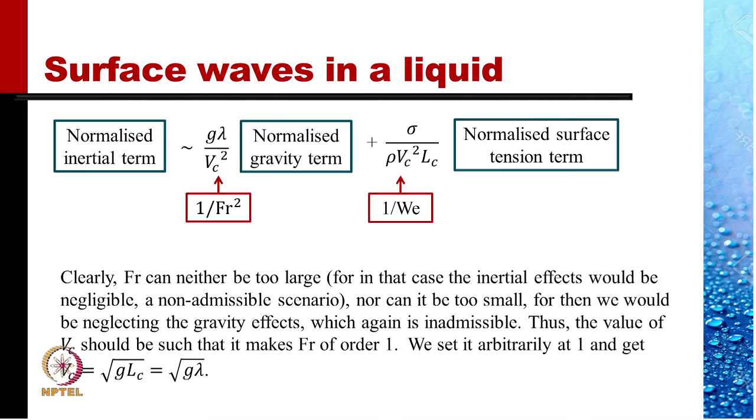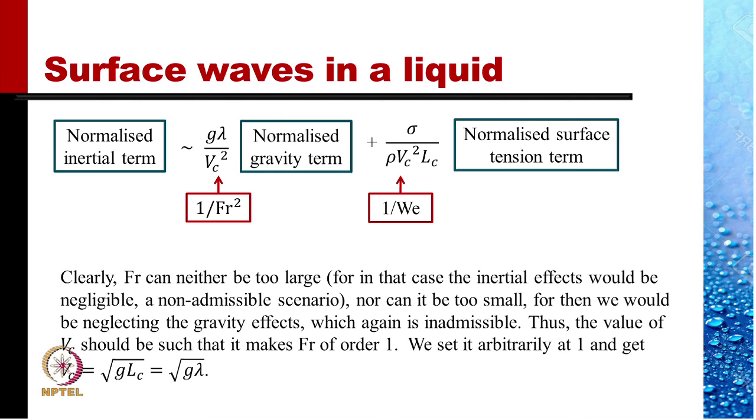Since Vc is yet unknown, we assert that the value of Vc should be such that it makes the Froude number of order 1. We set it arbitrarily equal to 1 and get Vc as the square root of g Lc. And since Lc has been taken as lambda, the characteristic velocity is the square root of g lambda.